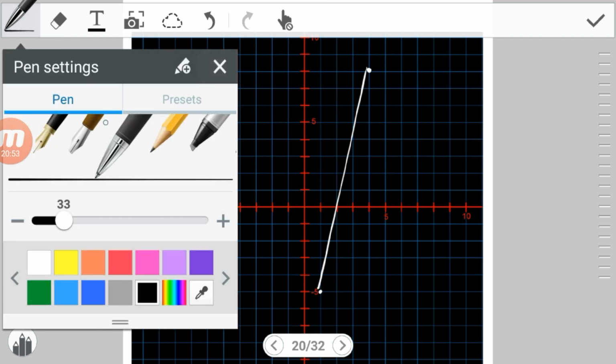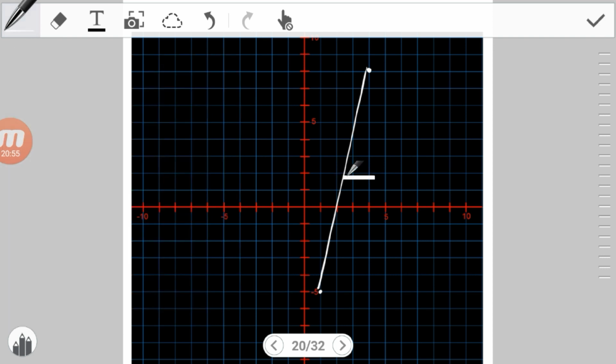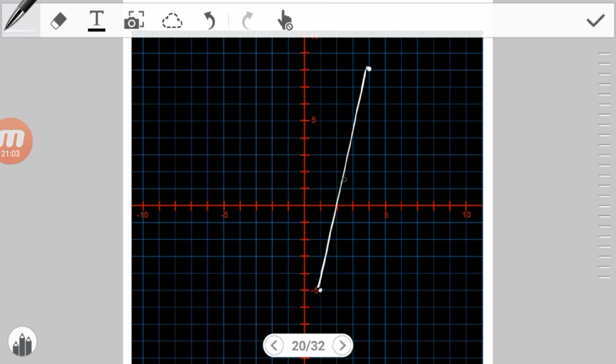Obviously my graph is not drawn pinpoint precise, so it's a little off, but it's approximately here. All right, so it would be approximately here. Okay, that would be approximately my midpoint. Right, perfect.